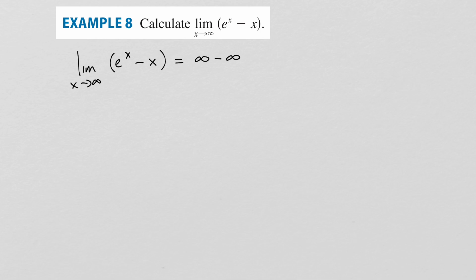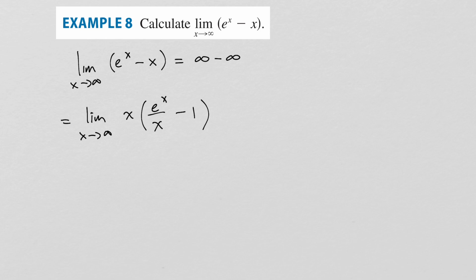So when you have something like this, sometimes you have to try things. And so what I'm going to do here is factor out an x. I know that seems weird because there's no x here. There's just e to the x. But I'm going to factor out this number. Okay, so I'm pulling out this x here. And when you pull an x out of e to the x, you simply get e to the x divided by x. Minus, and then when you pull an x out of x here, you get 1.